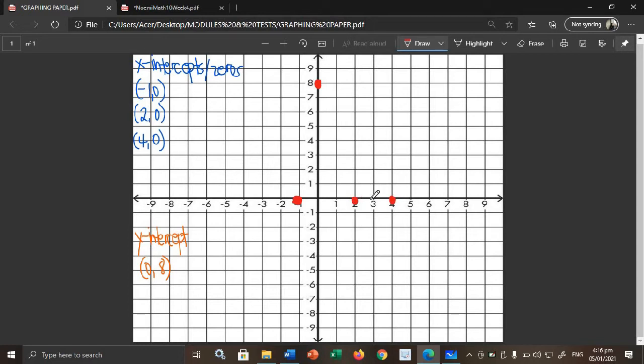So, in between nila, sa pagitan nila, we have 3. No? Yung x, value ng x natin is 3. So, paano na po, ma'am? What should we do next?